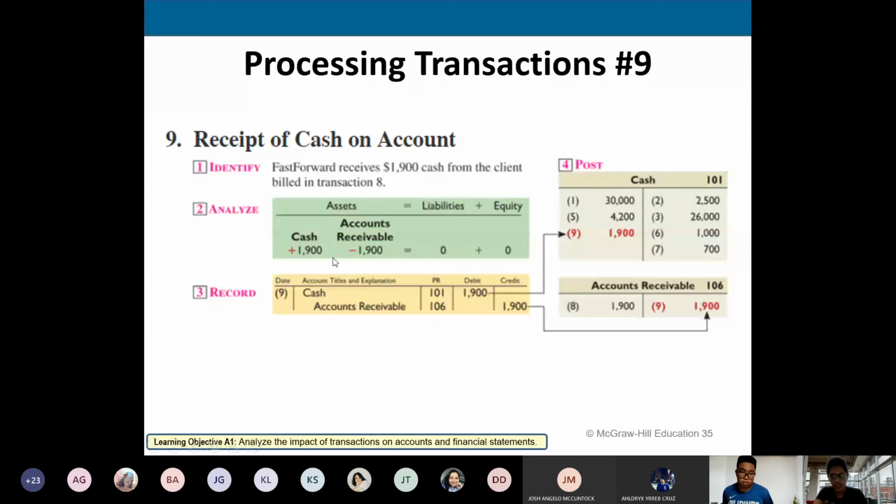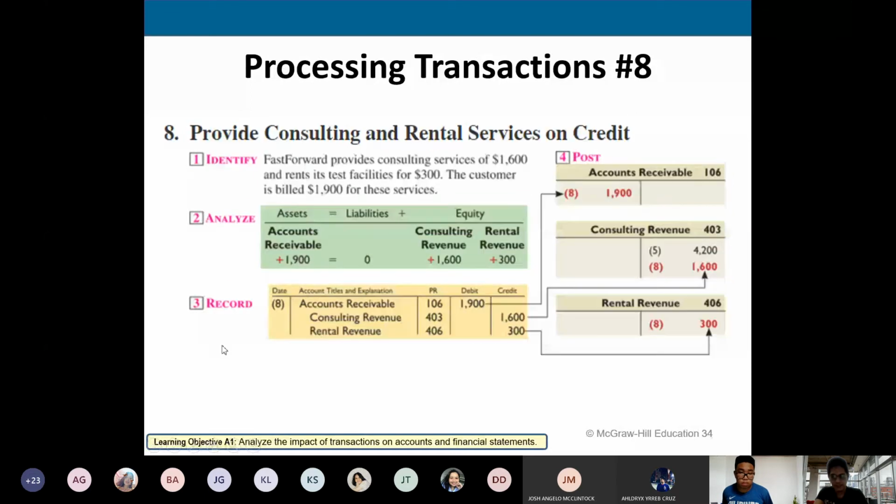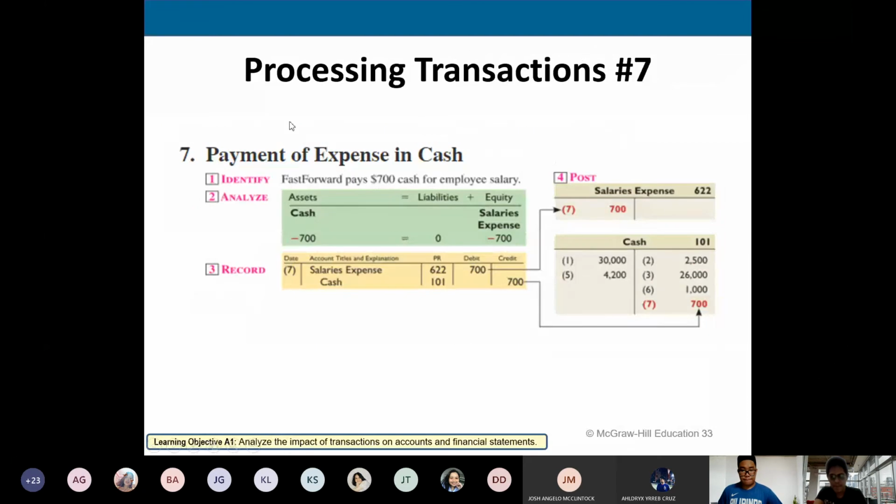Ito ba merong effect sa equity? Itong number 8 natin? Yes, kasi revenue is an equity account, tama ba? Pag nag-increase ang revenue, tama, mag-increase ang equity. Tama ba? Okay, ito kaya, may effect ito sa equity natin? Is an expense account an equity account?